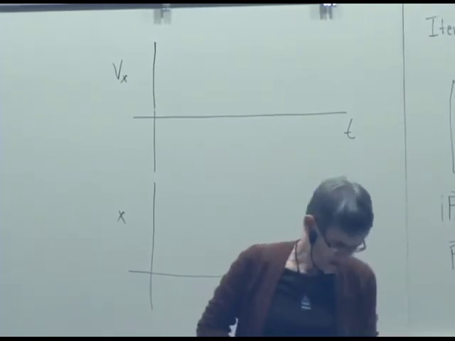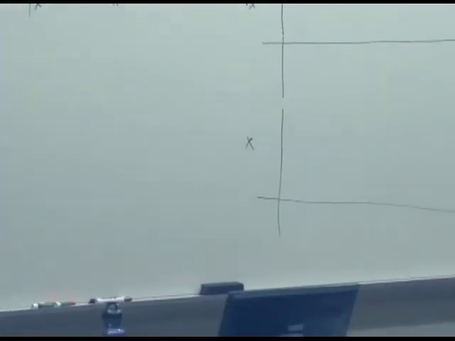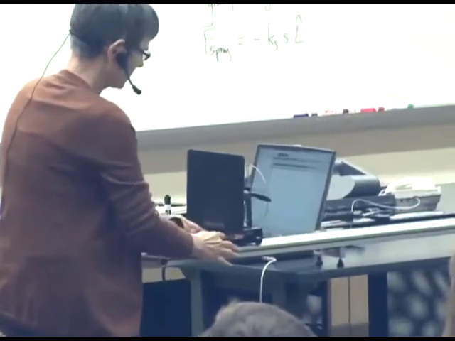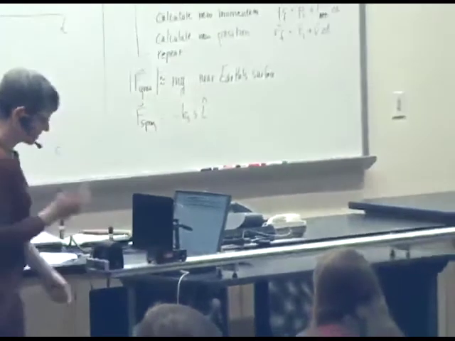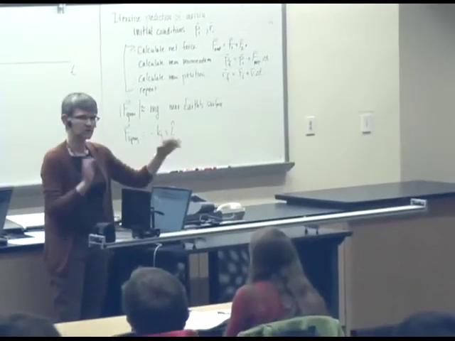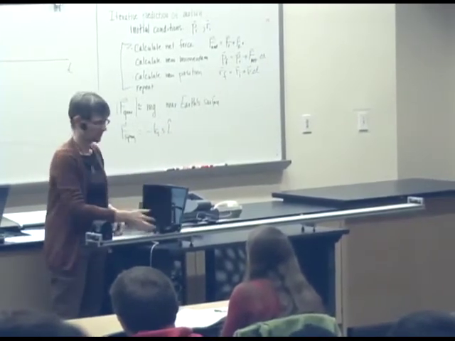So let's just consider what we think we ought to see in certain situations. Suppose what I do is I just push the cart in that direction for a short time and then let it go. So we're going to do this.